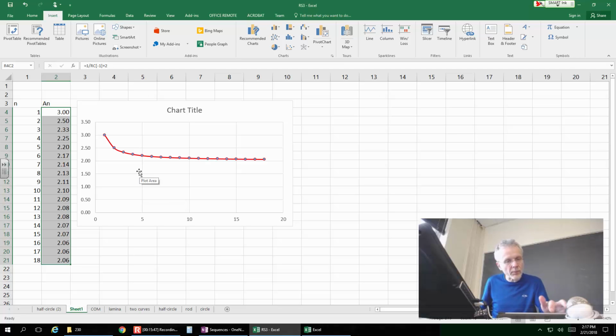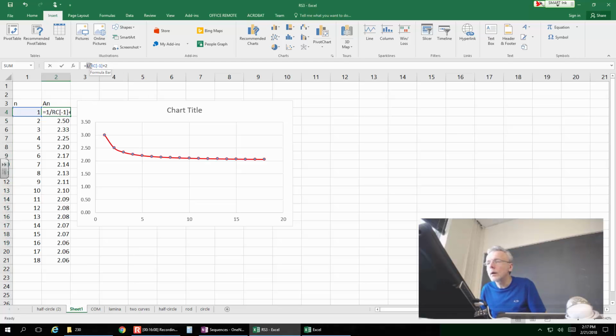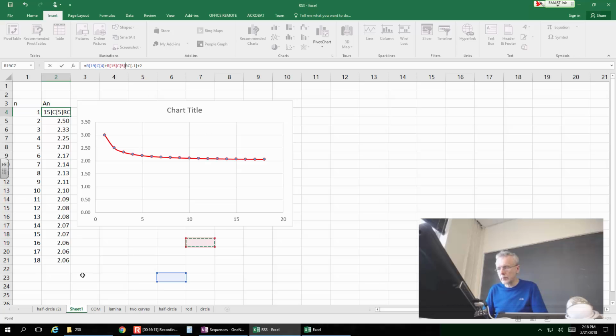So the sequences might oscillate. Let me try. The sequences certainly can oscillate.